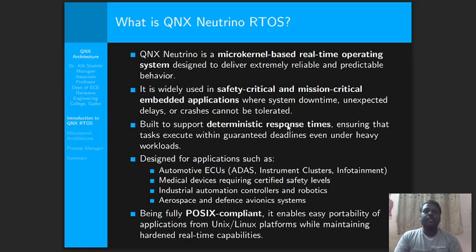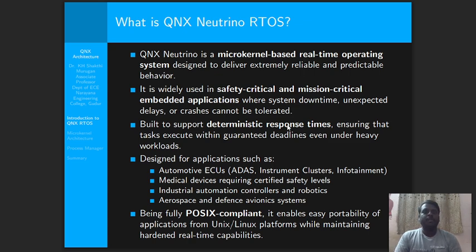What is QNX? QNX is a microkernel based real-time operating system designed to deliver extremely reliable and predictable behavior. It is widely used in safety critical and mission critical embedded applications where system downtime, unexpected delays, or crashes cannot be tolerated.